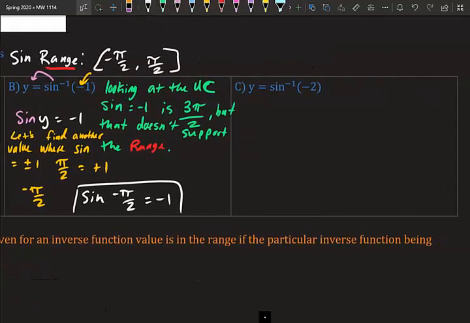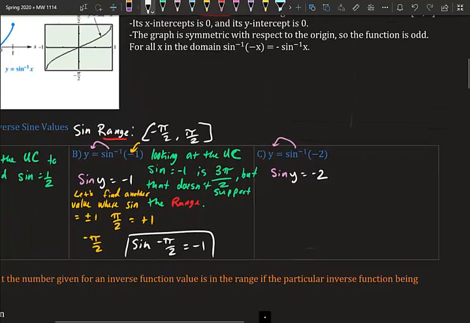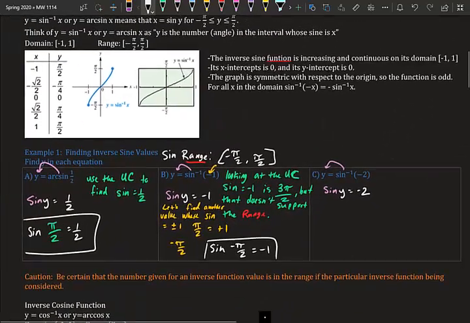Alright, let's figure out the inverse of sine negative 2. So we're going to kind of, as we say, move it over. Negative 2. Is that okay for our sine function? Nope. Because what we're given is an x value.